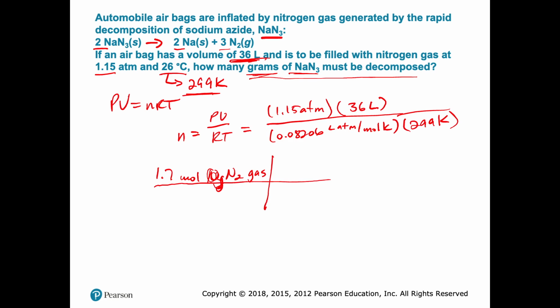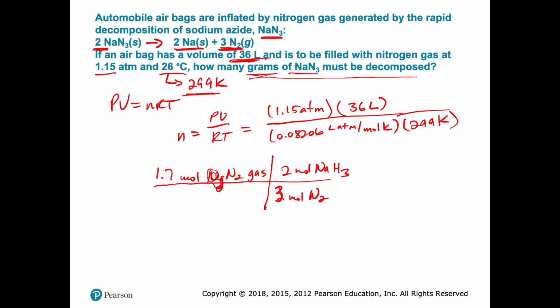So if you look at your balanced chemical equation, for every 3 moles of nitrogen gas, we get 2 moles of sodium azide. So we put down here 3 moles of nitrogen gas, and for every 3 moles of nitrogen gas, we get 2 moles of sodium azide.